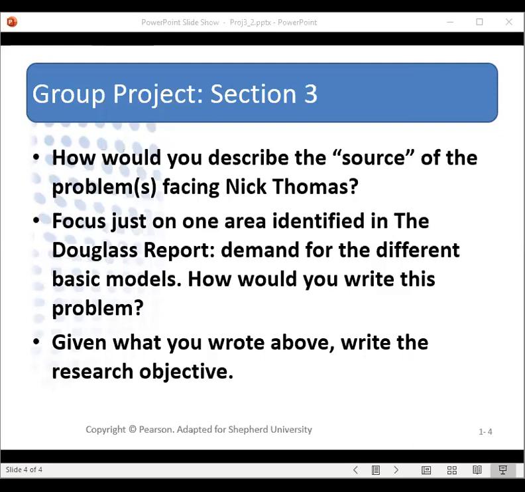A third might be hybrid models, those that are compact and moderately high miles per gallon. So that's what I would look at as some of the research objectives that we have for the problem we define: how many various hybrid vehicles will be purchased.